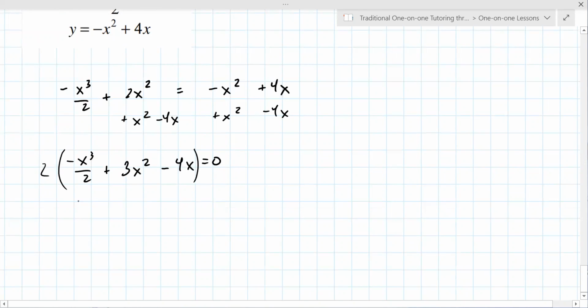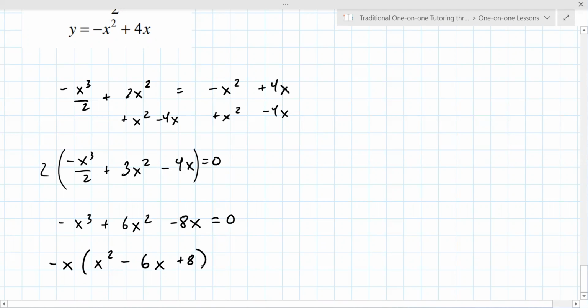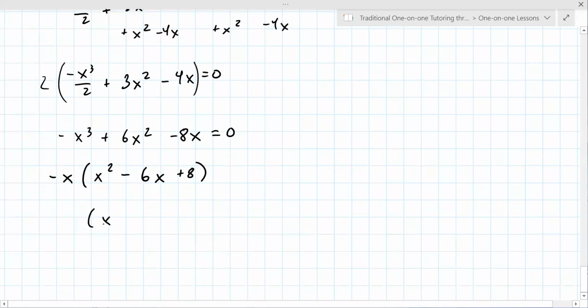Multiply everything by 2: minus x cubed plus 6x squared minus 8x equals 0. And then you factor out a negative x because the leading term is negative. X squared minus 6x plus 8. And that gives you x minus 2, x minus 4.